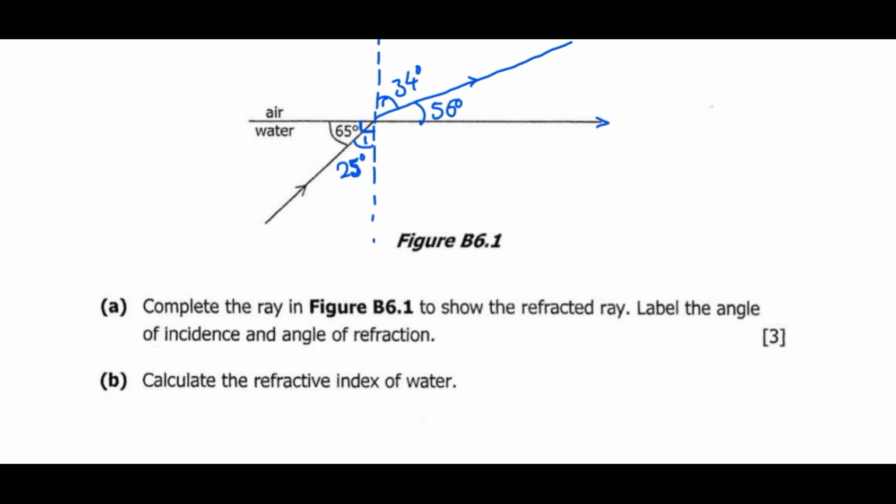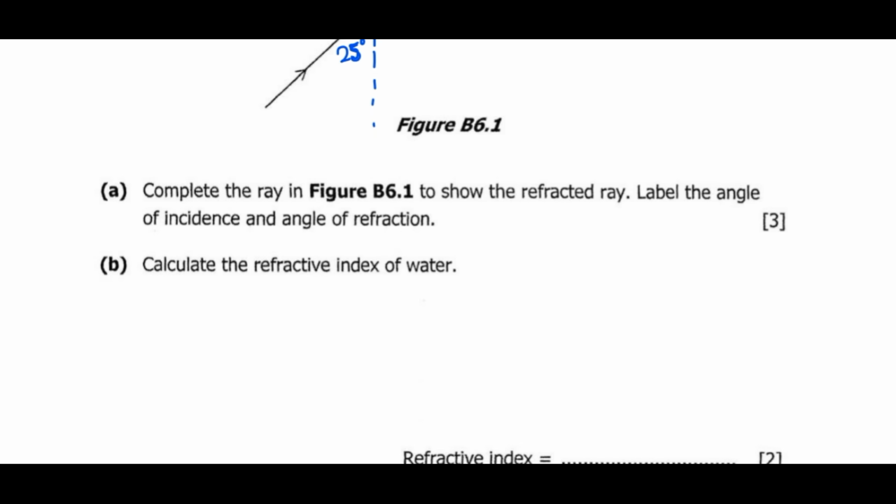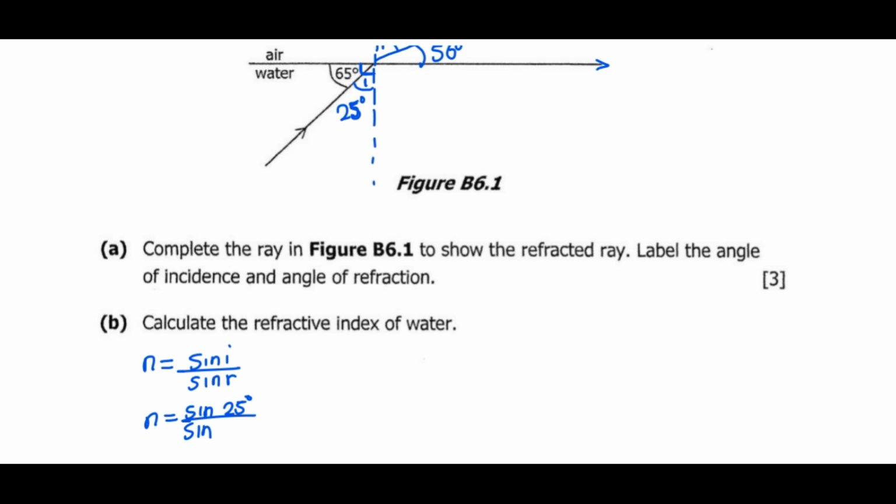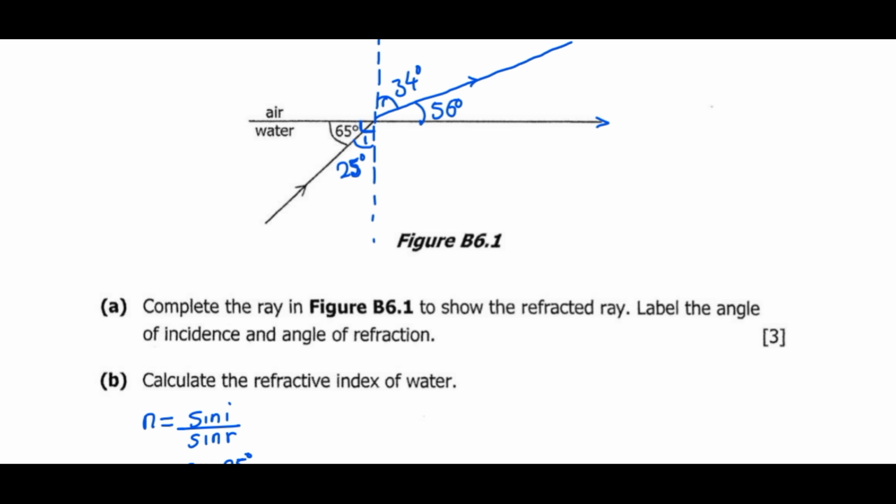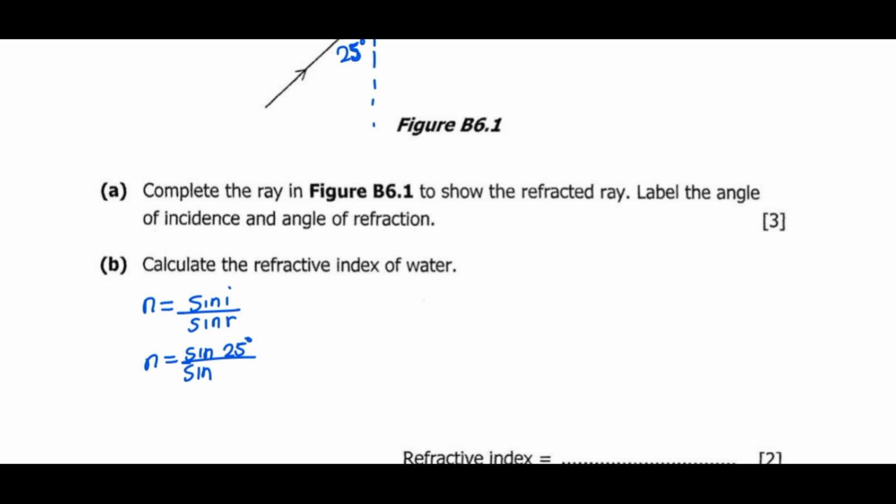Now for B, calculate the refractive index of water. So n is equal to sin i over sin r. So sin i, which is sin 25, over sin of the refraction angle, which is 34. So let's look at the answer.